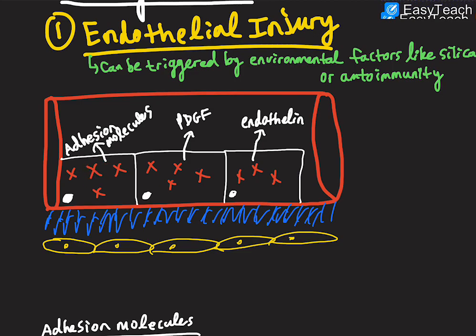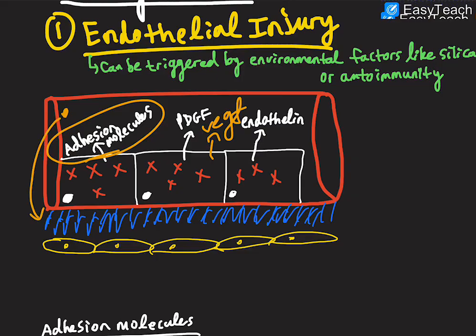If that happens, our endothelial cells can release certain things like endothelin, platelet-derived growth factor, even vascular endothelial growth factor, so even VEGF, and adhesion molecules like cellular adhesion molecules. And what do those do? Remember, those help white blood cells go from your blood vessel into your tissue.